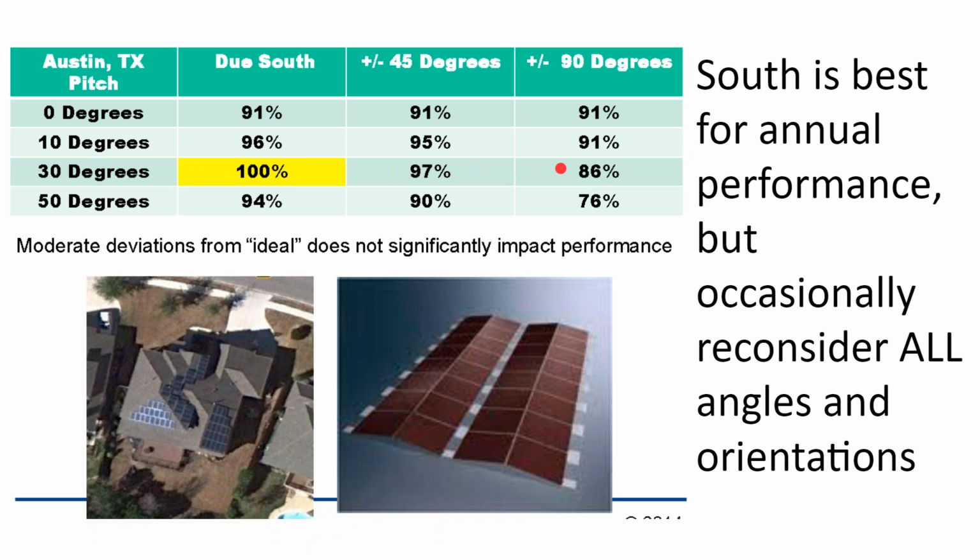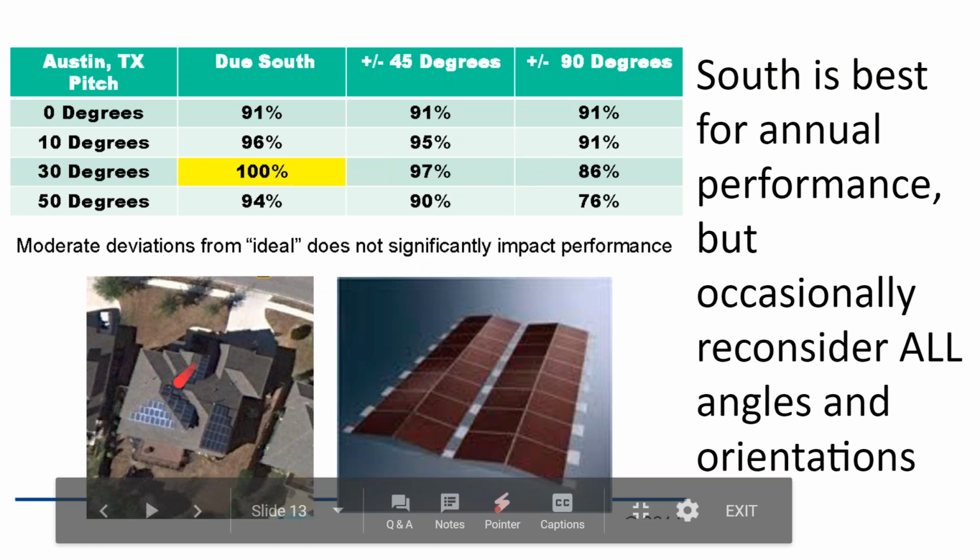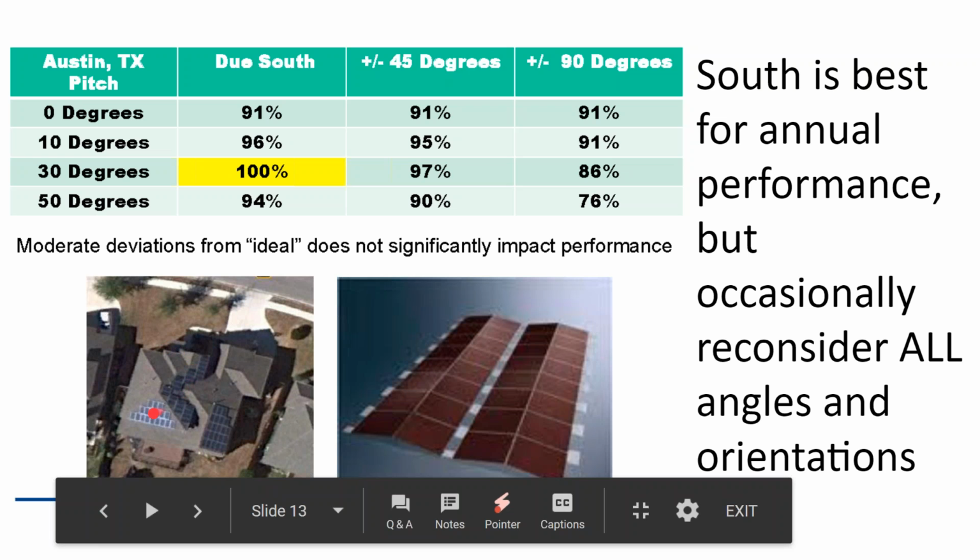Going all the way to due east or all the way to due west, we start to see the performance drop more substantially. But even so, we're only losing about 15%. And there's an argument to say that, hey, here's this roof, and we have one kind of small south surface, but then we have this big open west surface and this big open east surface.